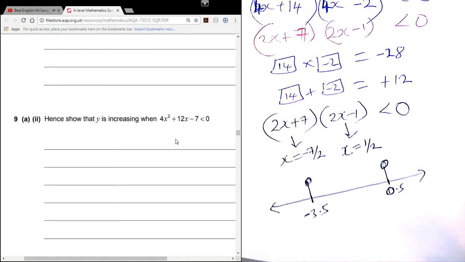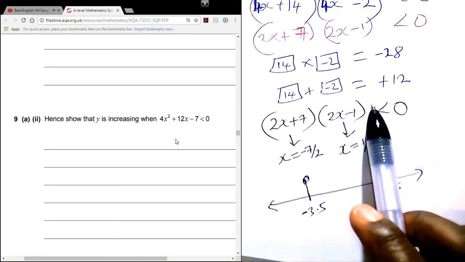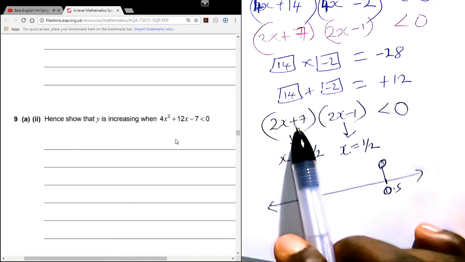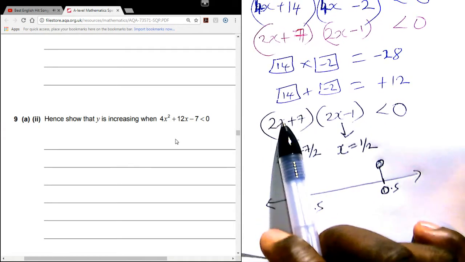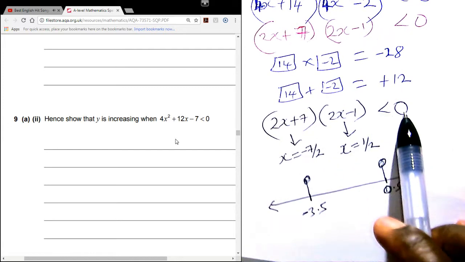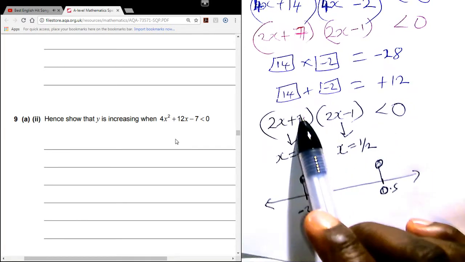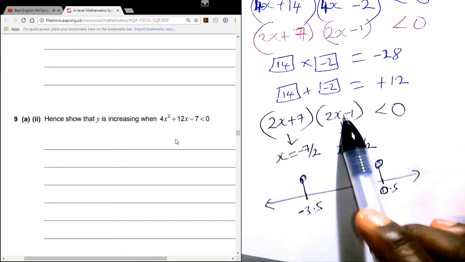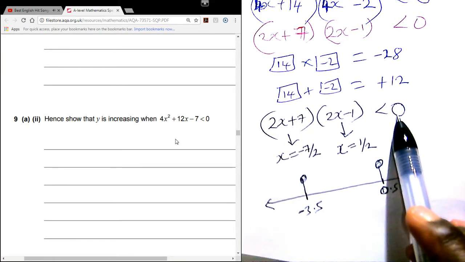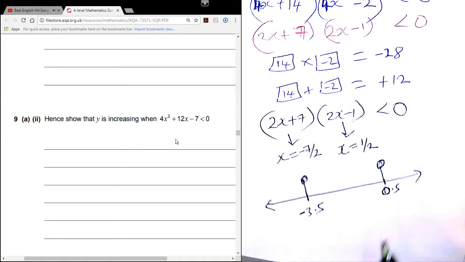This is something that you could solve in several ways, but the way I want you to learn to solve it is this. What this inequality is telling us is that the product of this bracket and that bracket should always be negative, less than 0. So negative times negative would never be negative. It would be positive. So that would not work.